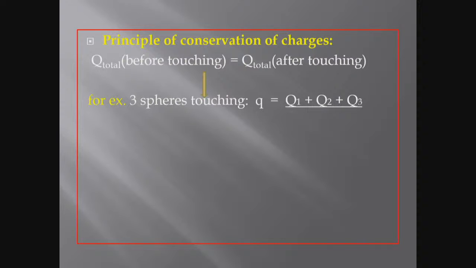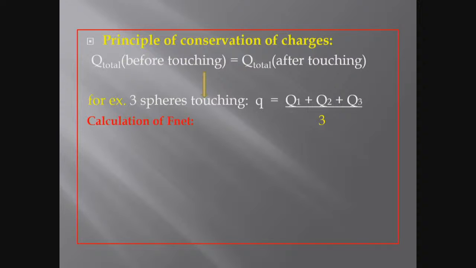But now they have given you three identical spheres, and that's very important. They can ask the question only if they have given you identical spheres. So now you just divide that total charge before touching by 3, and now you get the net charge on each separate sphere.